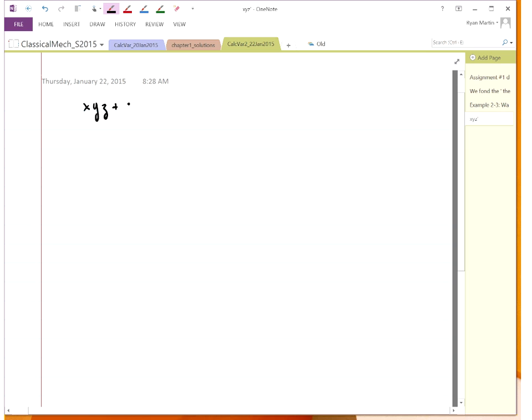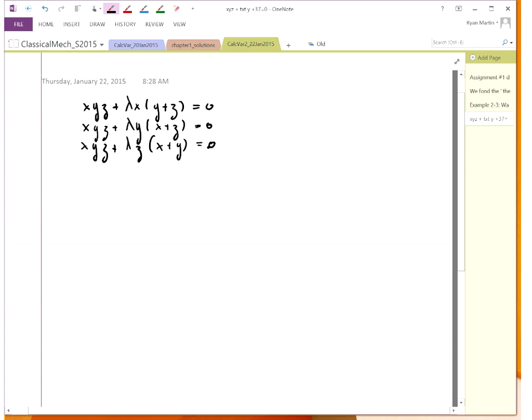So the first equation becomes xyz plus lambda x times y plus z equals 0. The second equation is xyz plus lambda y times x plus z equals 0. And the third equation is xyz plus lambda z times x plus y equals 0.